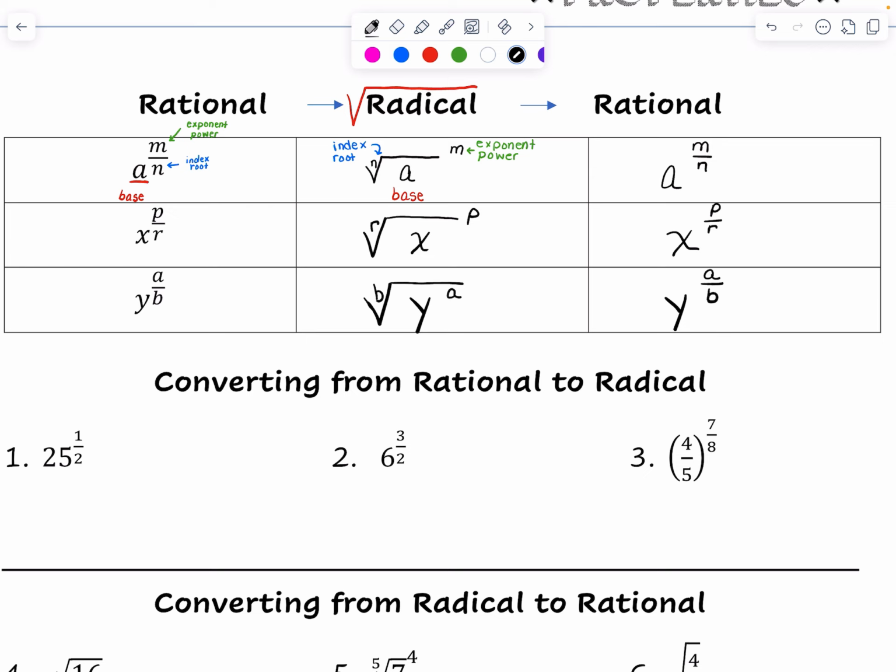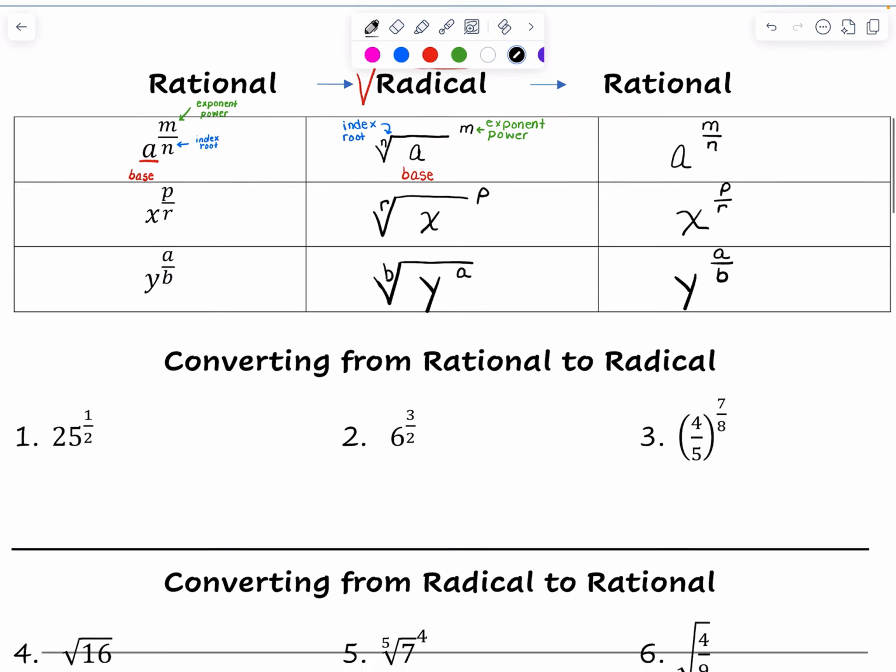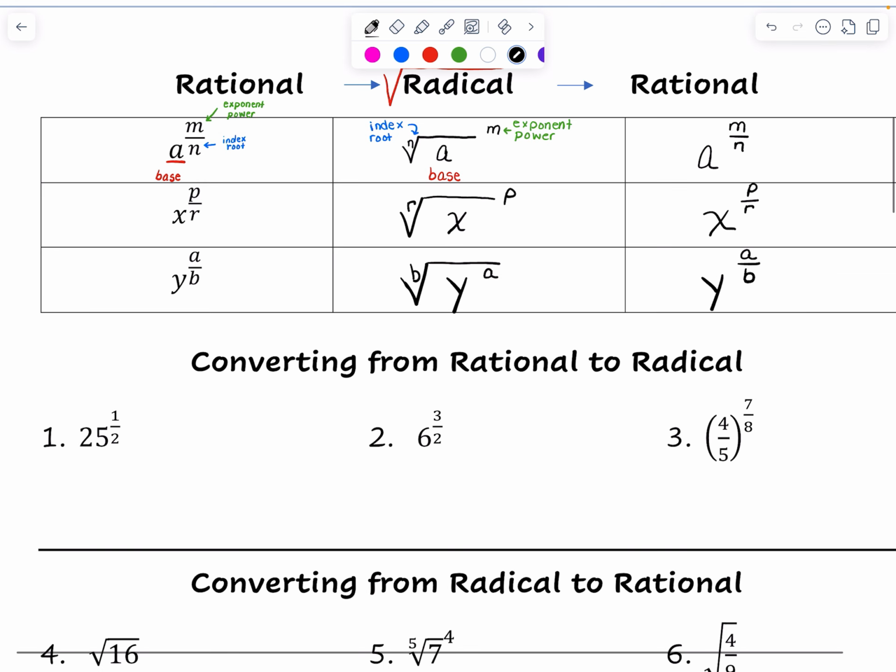Okay, so right now we're going to convert some radicals from rationals to radicals. Rationals have a fraction in the exponent, so I like to think of this word ration right here and think of it kind of like a fraction. Okay, I know it's not the same, but fraction, rational, fractional is just what it reminds me of. So if I take every rational here and I want to write it as a radical, we're not going to simplify right now.